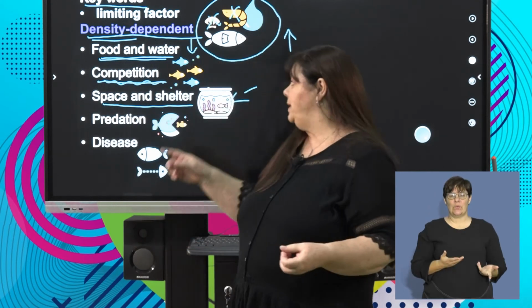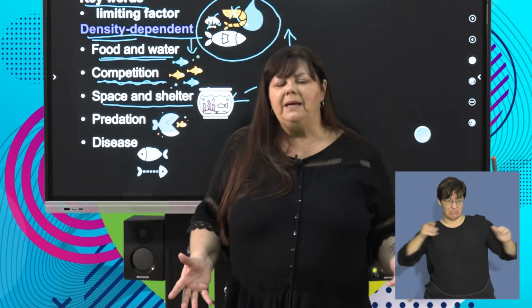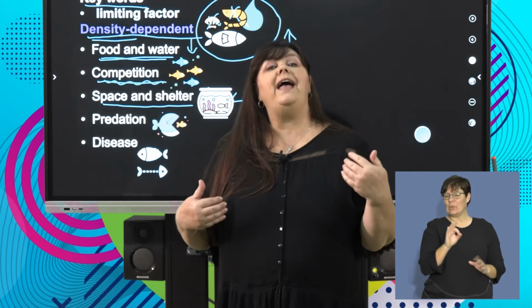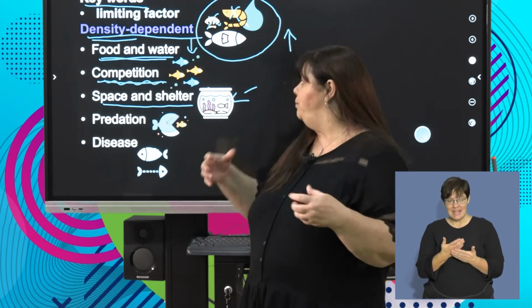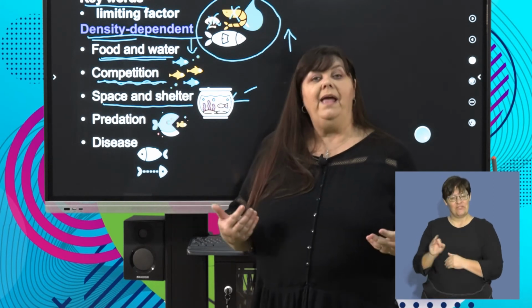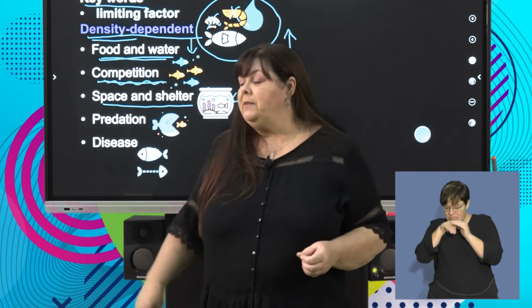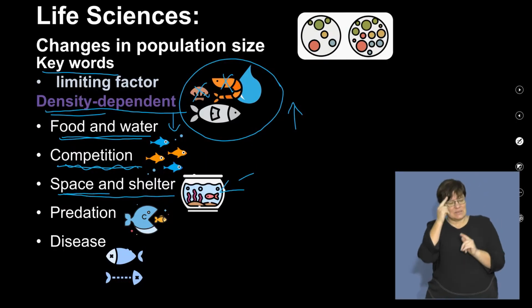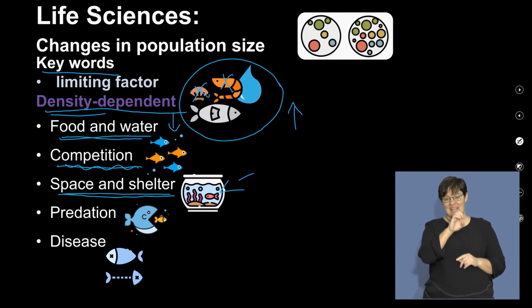But of course, if we took this little fish and put it into a dam or a lake, it's going to have a lot of space and it's going to be able to breed and make more. And there are lots of places for it to find shelter. So space and shelter are important density-dependent limiting factors.